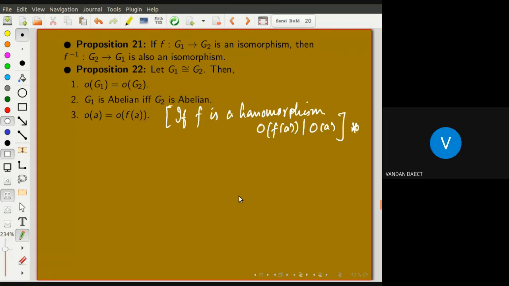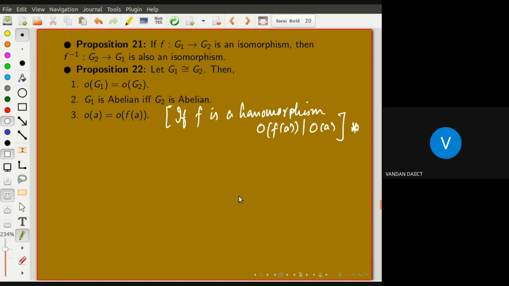Since it is an isomorphism, the kernel of f contains only one element. So then the order of a will equal to the order of f of a. How?